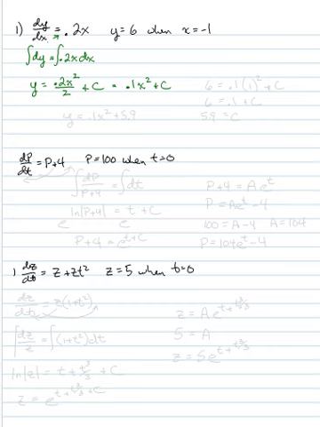Now we'll employ our initial condition to find c, and that was that y had to be 6 when x was equal to 1. So we get 6 equals 0.1 plus c, or that c equals 5.9. So our unique solution is y equals 0.1x squared plus 5.9.